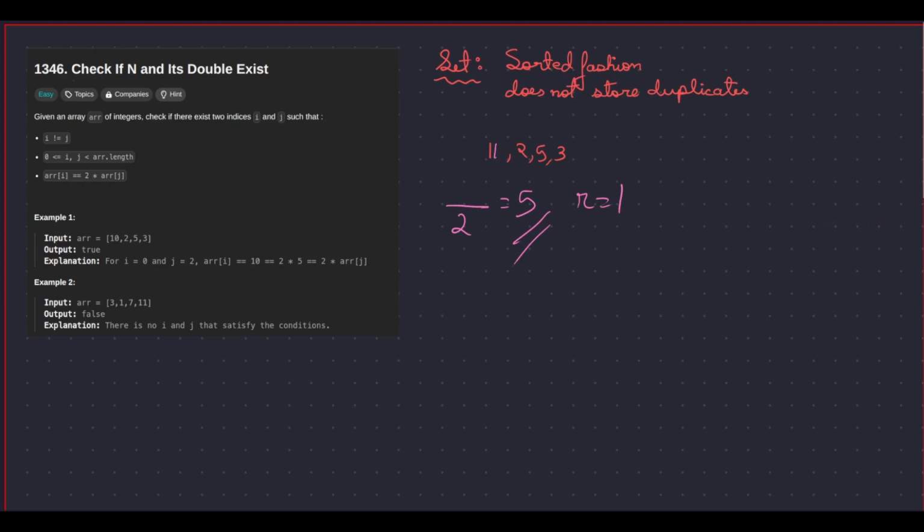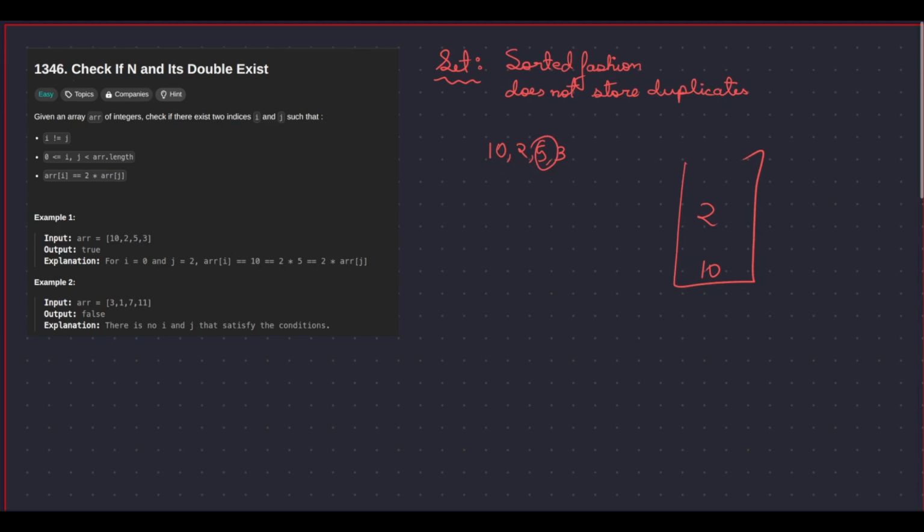So let's just look how we'll be solving this problem. So it was 10, let me change it to 10. So let us take a set. Initially we push 10 because it's empty, right? So now we check if 5 or 20 exist within the set. It does not. We go ahead, we insert 2. So 4 or 1 exist. It does not. So we go ahead, we insert 5.